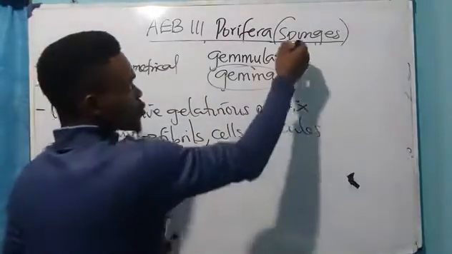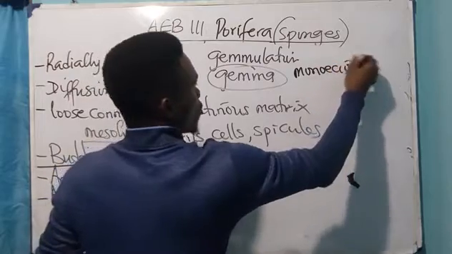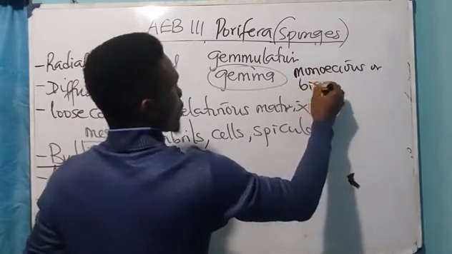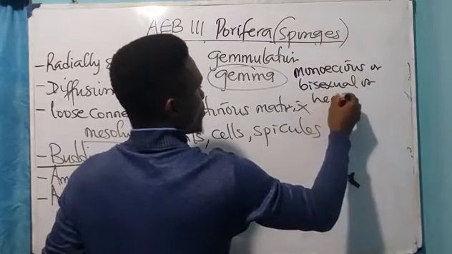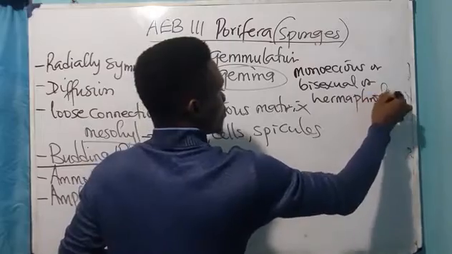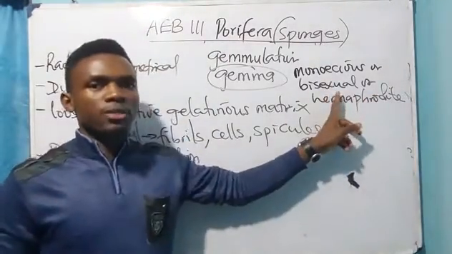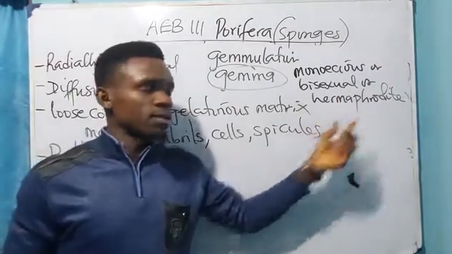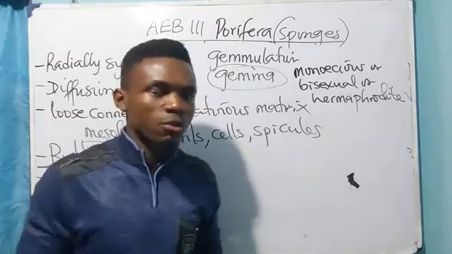So please take note, sponges are monoecious or bisexual or hermaphrodite. That is to say that they have both the male and female reproductive organs.